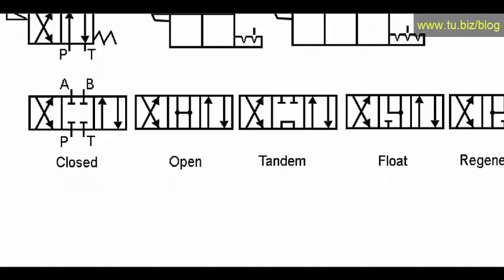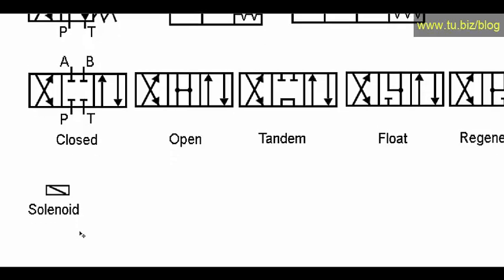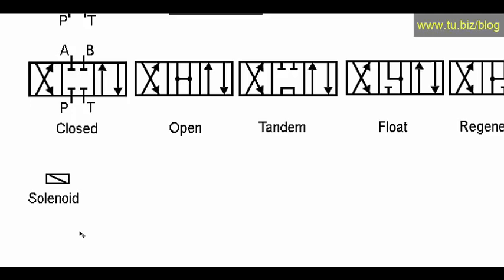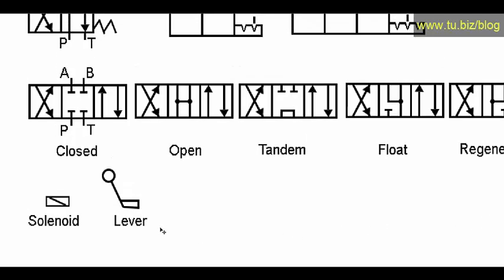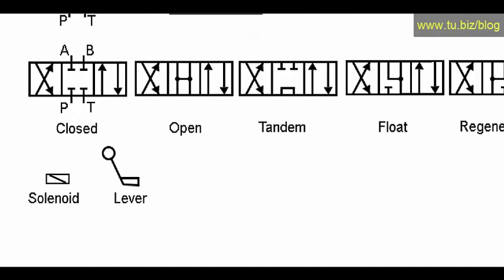Then we do have different actuators for the valve, and we're going to look at them. We discussed the solenoid, which can come in different voltages, so you have to write the type of voltage that you have for the solenoid. We have the lever, that we discussed over here. We have a pedal.